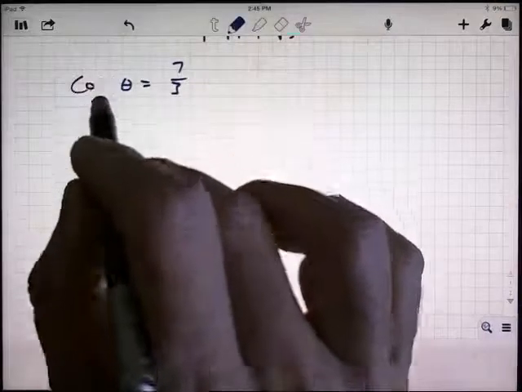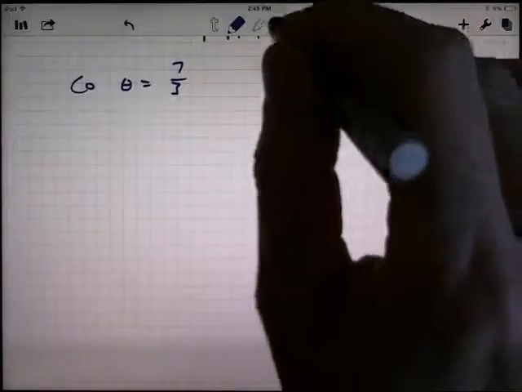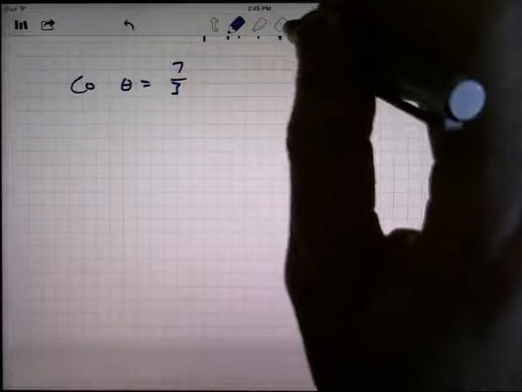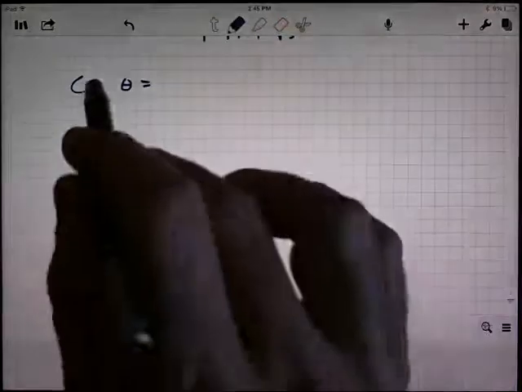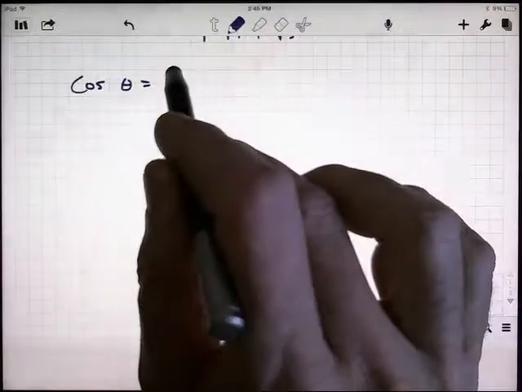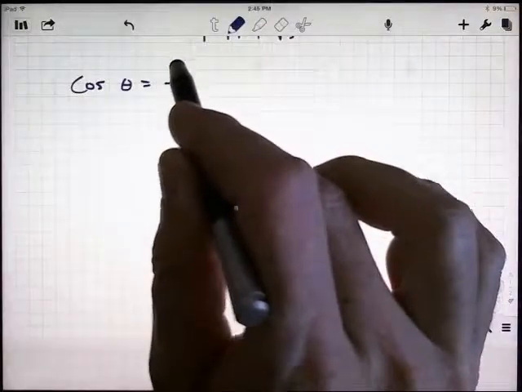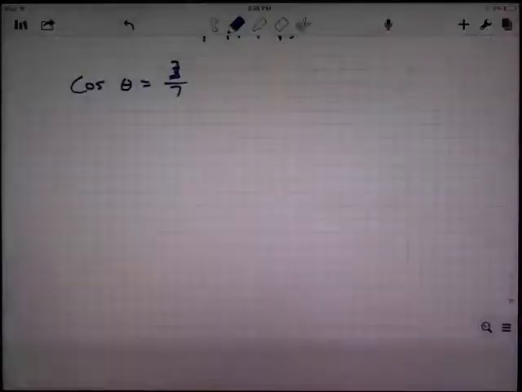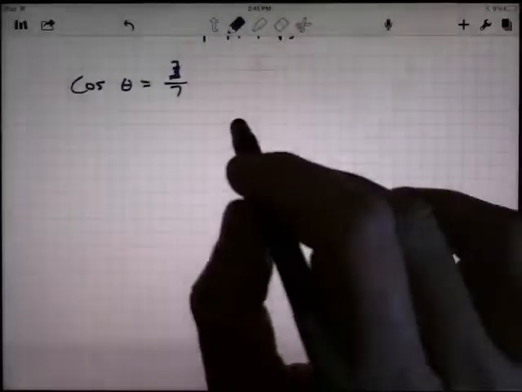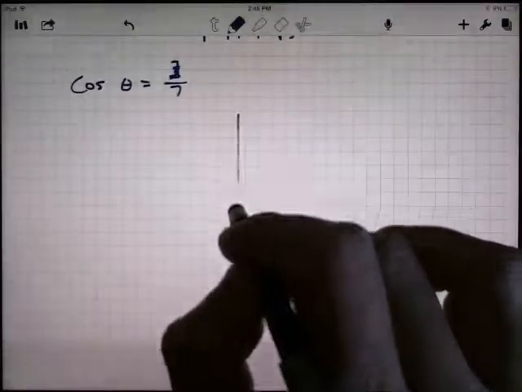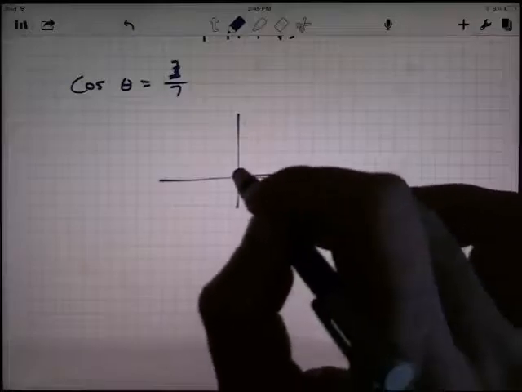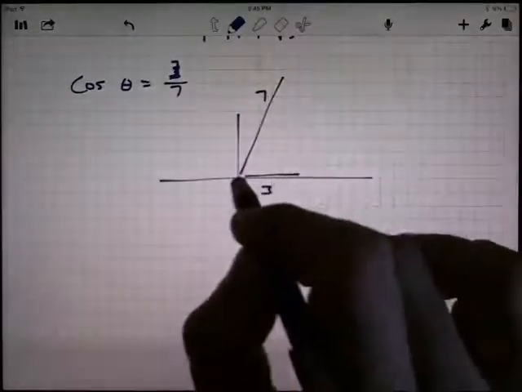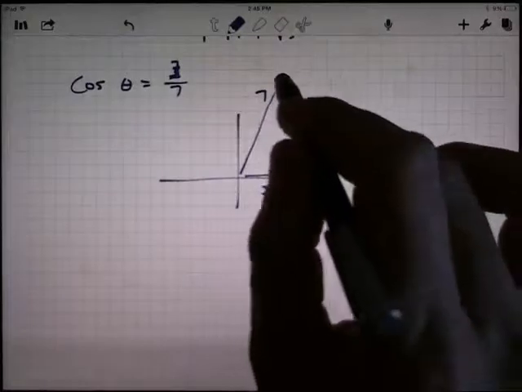The cosine of theta can never be 7 over 3. The cosine of theta could be 3 over 7. Let's get my act together here. I want the cosine of theta to be 3 over 7. Are we all on the same page now? Yeah, I think I'm okay. Here we go. So I'm going to draw something here where this is 3 and that's 7. Adjacent over hypotenuse is 3 over 7.